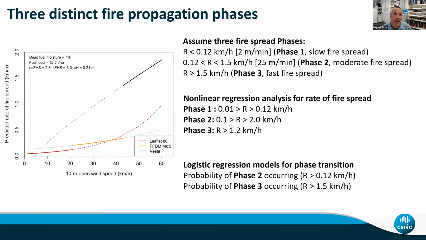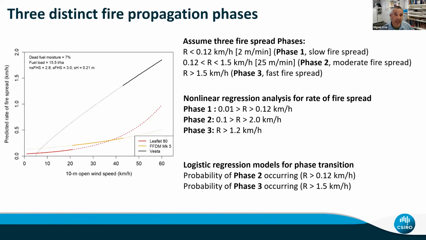The 3 phases we define are: phase 1, slow fire spread, rates of spread up to 2 meters per minute. Phase 2 is moderate to high rates of spread, where fire spreads between 2 meters per minute and about 25 meters per minute, or 1.5 kilometers per hour.